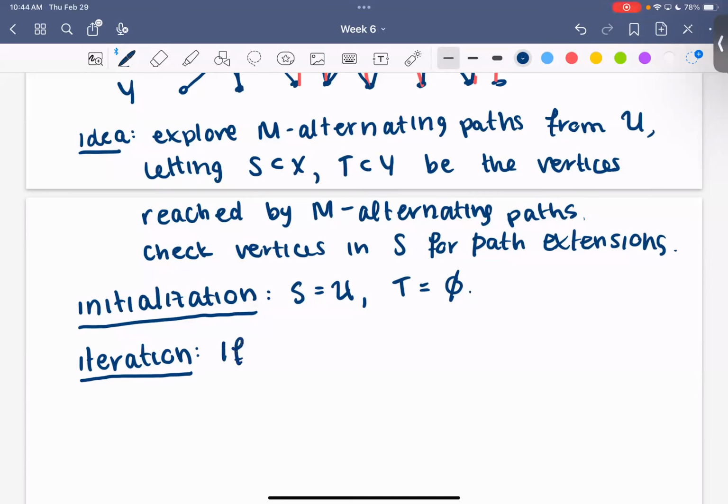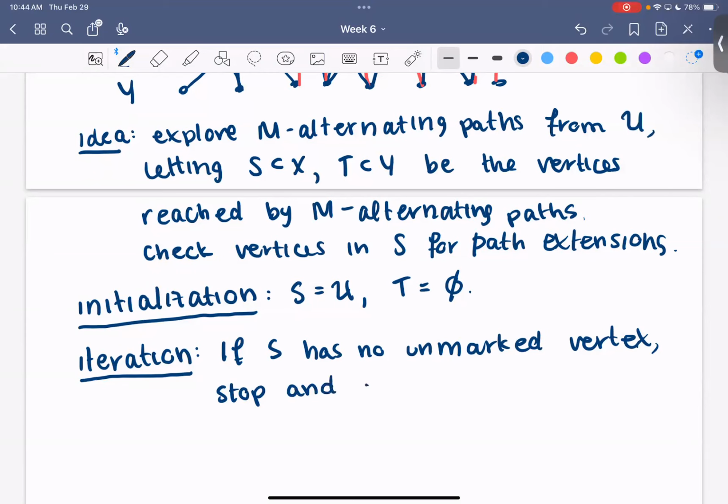So if S has no unmarked vertex, then we'll stop and return M as a maximum matching.